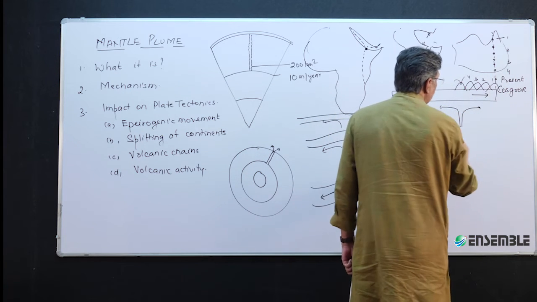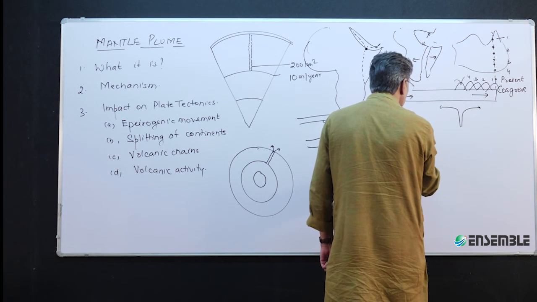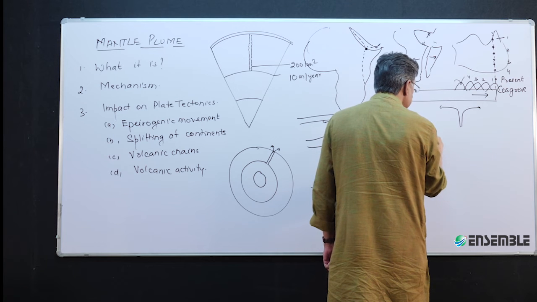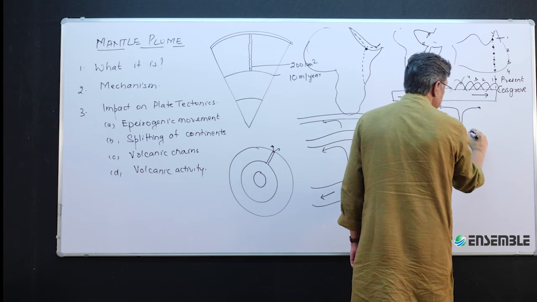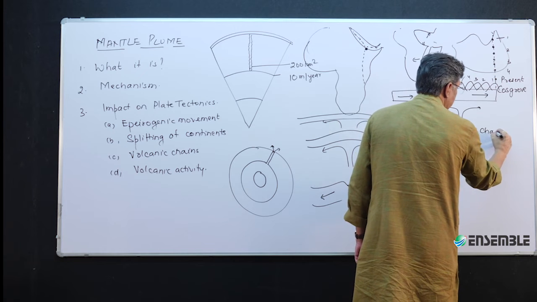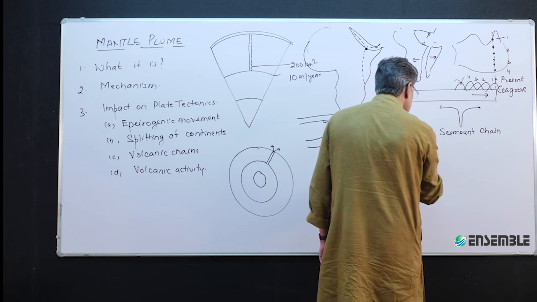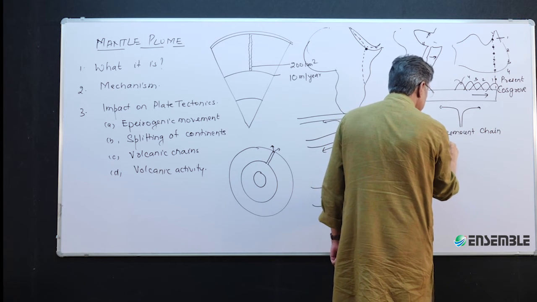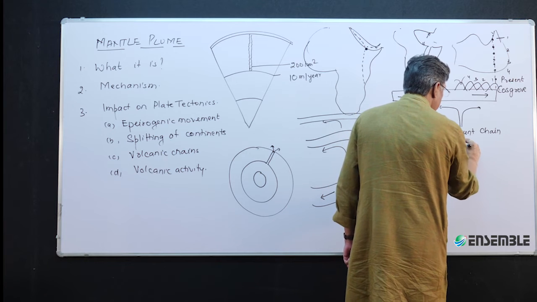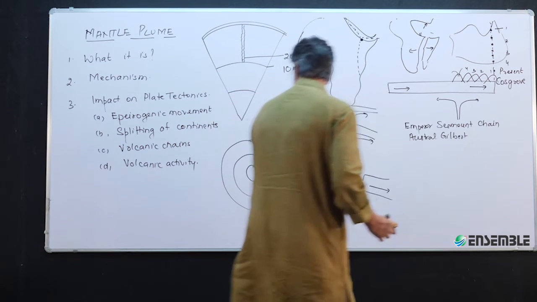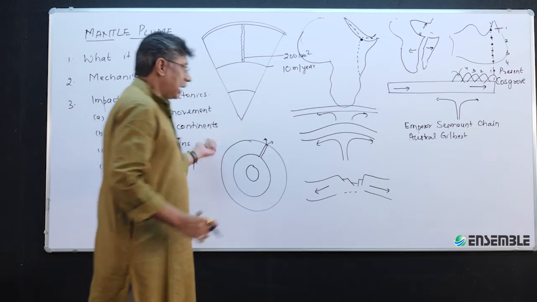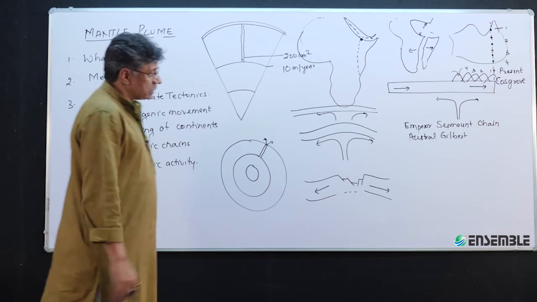So we have the Cosgrove volcanic chain, and in a similar manner the Emperor Seamount chain, and also the Austral-Marshall-Gilbert chain.